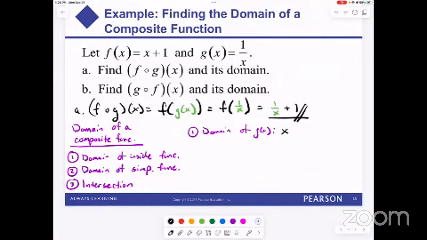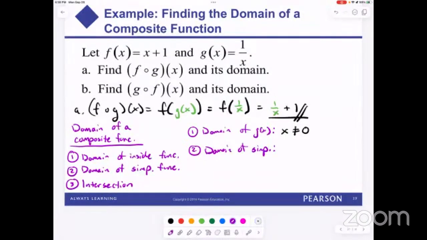Then for the simplified function, that's where we got 1 over x plus 1. Again, that's essentially a rational function. In general, the domain is all reals except any x that makes the denominator 0. So I think that ends up being the same thing.